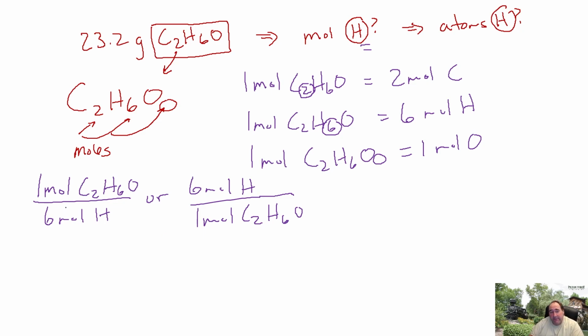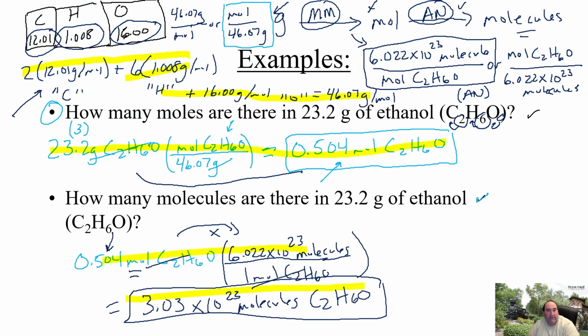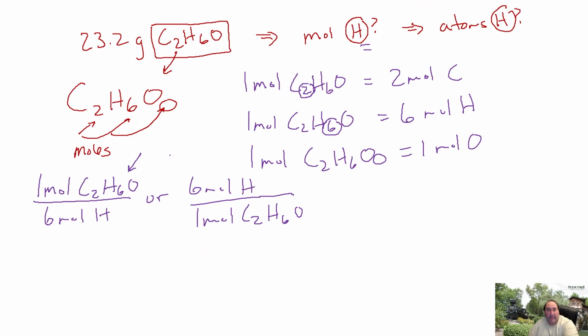We're going to first need to convert the entire thing into moles, because that's the only way this mole to mole relationship is going to work. So I'm going to cheat a little bit since we used this previously. Previously we saw that the molar mass of ethanol was 46.07, so I'm just going to use that number.